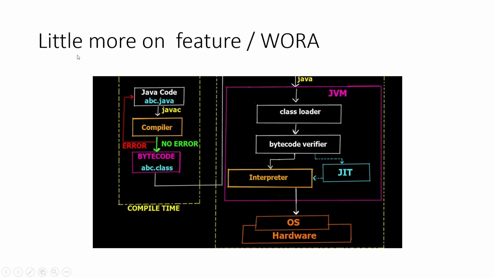We just spoke about one of the features, WORA, or what is meant by platform independence. We'll just briefly discuss that. Don't take it too hard; just try to collect as much as you can. Moving ahead, we will give more detailed explanations about all these things. What is JIT? What is an interpreter?